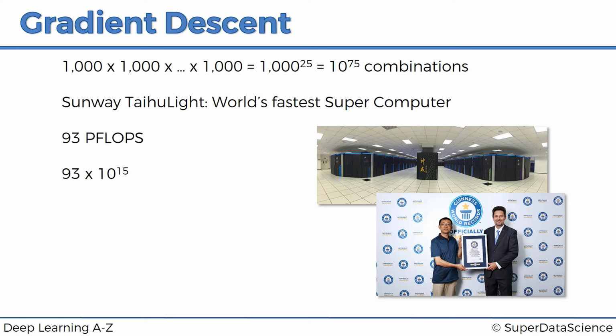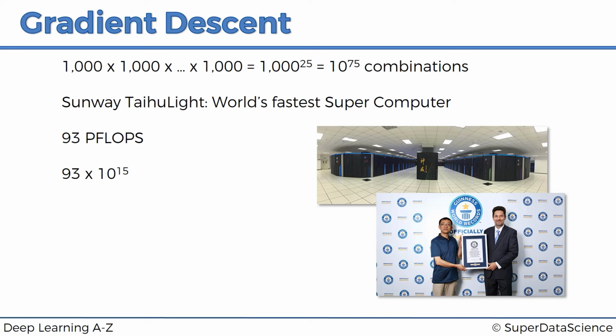And let's say hypothetically that it can test one combination for our neural network in one floating point operation. That is not practical, because you need multiple floating point operations to test out a single weight in your neural network. But let's give it a head start.